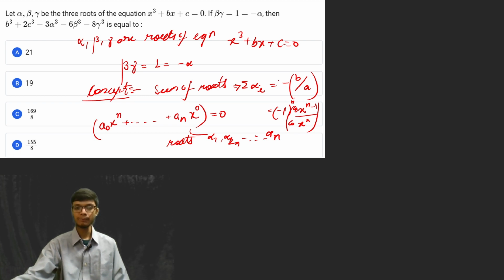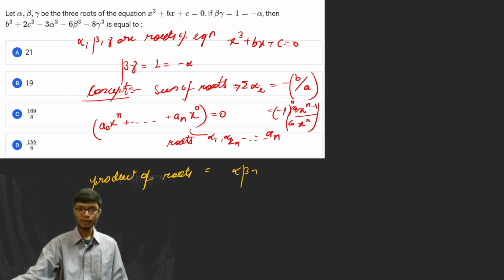And similarly, there are the sums of the roots taken two at a time, and the product of the roots. If I look at this particular problem, the product of roots is alpha into beta into gamma, and that is equal to minus of c.